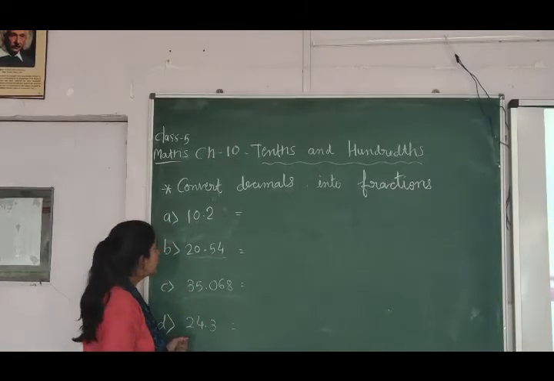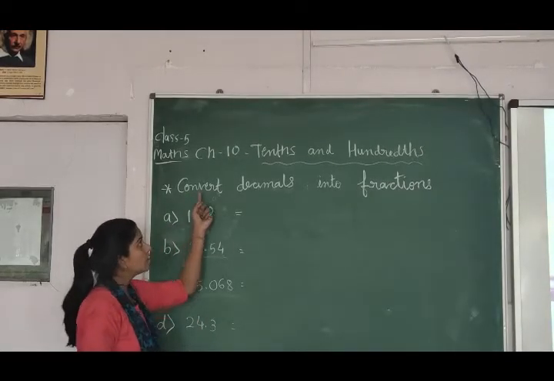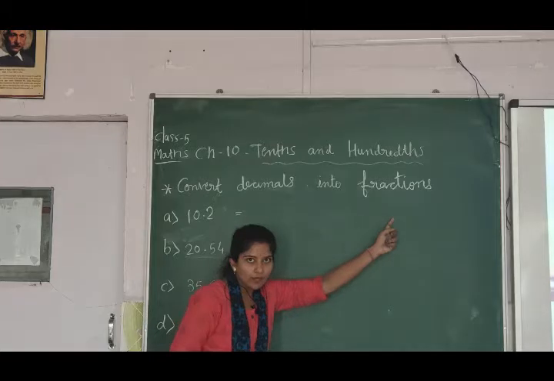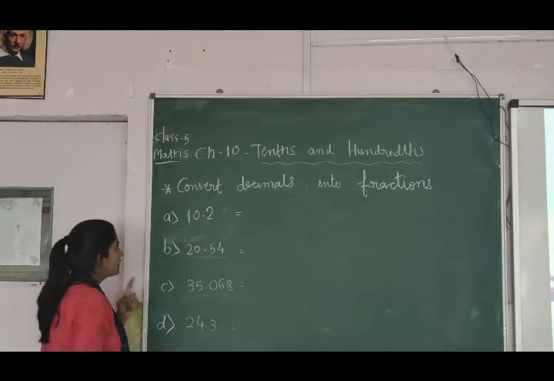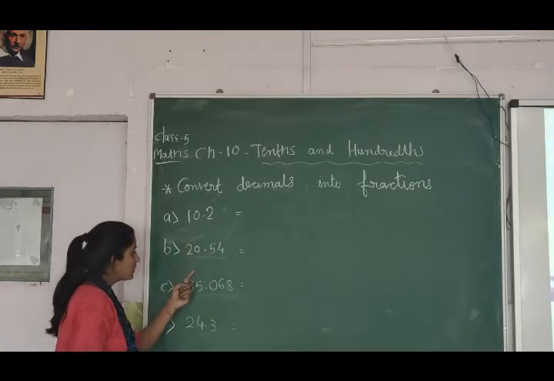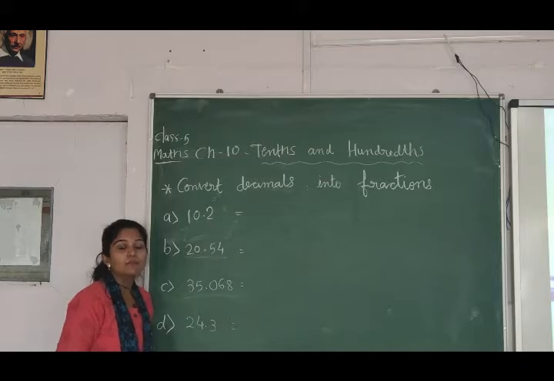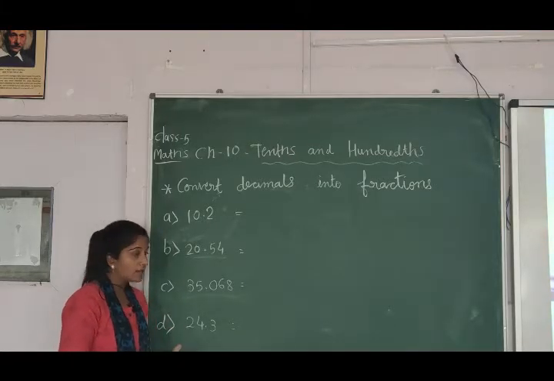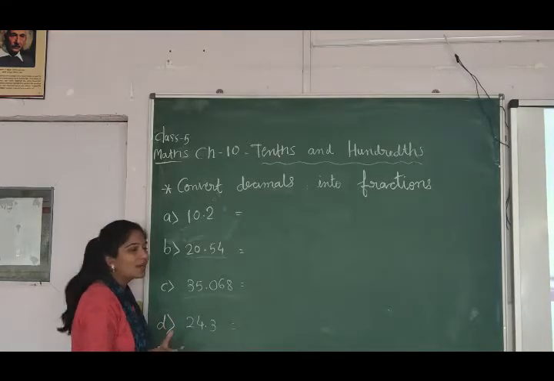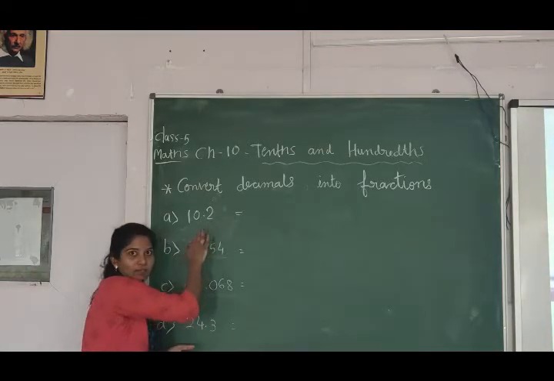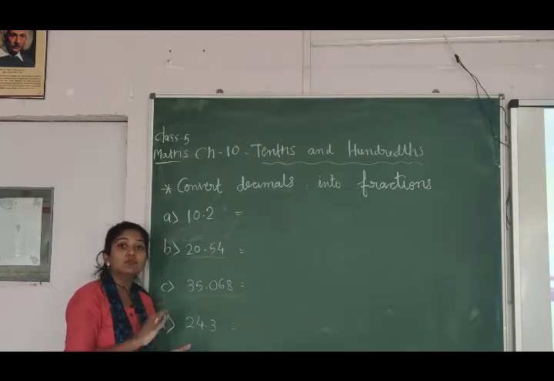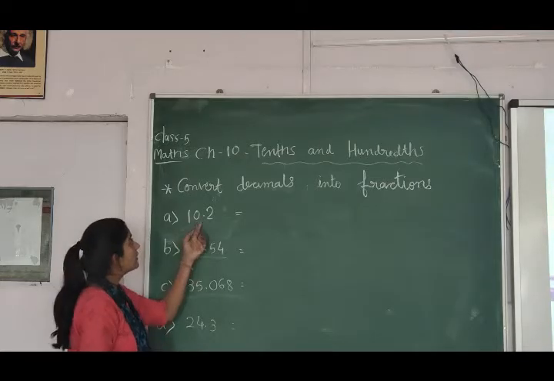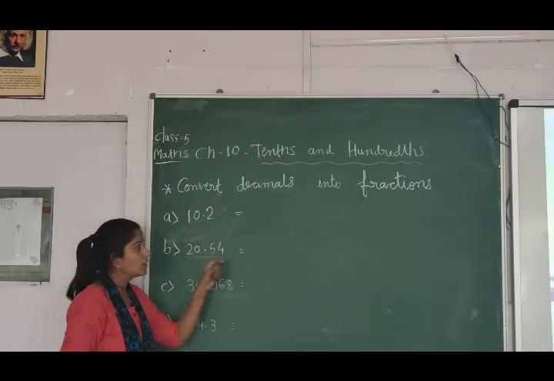Now in the second exercise you have to convert decimals into fractions. Here you can see these numbers are written in decimal form. We have to convert them into fraction form, and for that you have to look at the decimal digits, that is, how many digits there are after the decimal point.